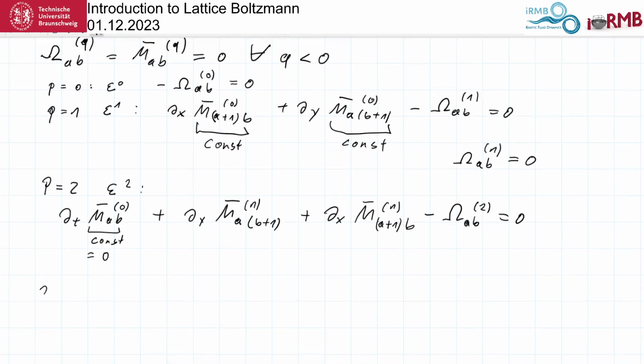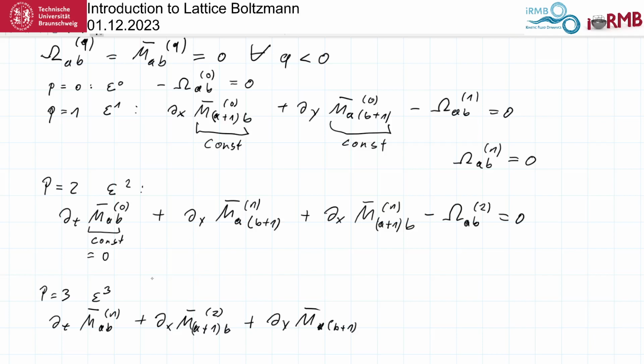And the last version that we are using is p equal to 3, epsilon to the power of 3, will give us dt M_AB to the first order plus dx M_{A+1,B} second order plus dy M_{A,B+1} second order minus omega_AB to the third order, and all of this is equal to 0.